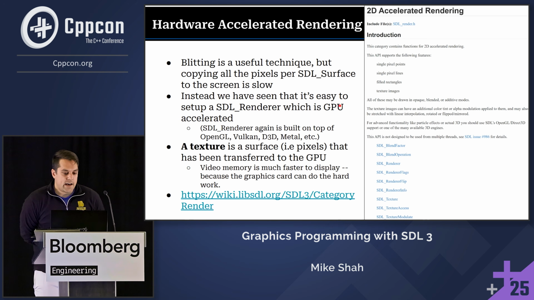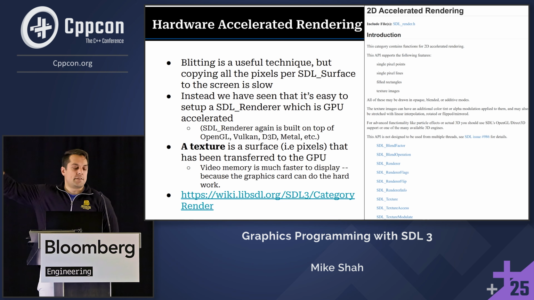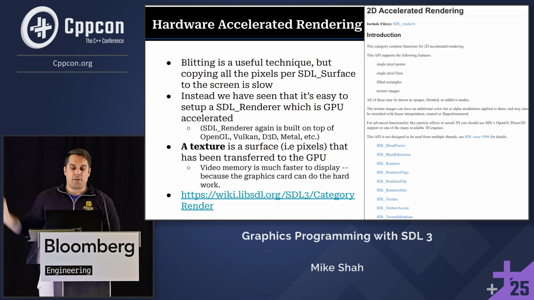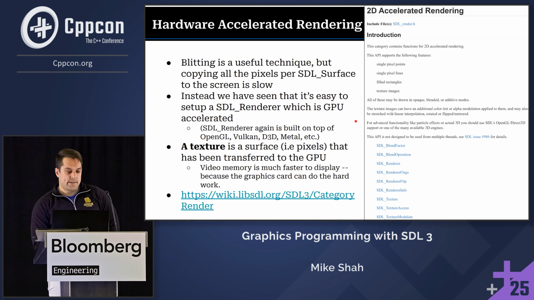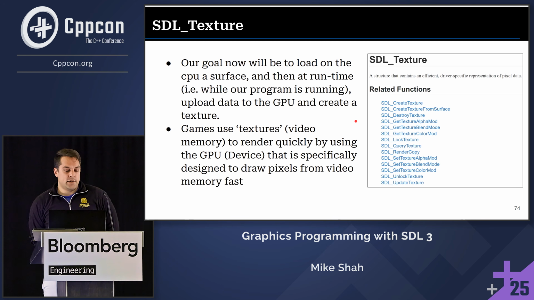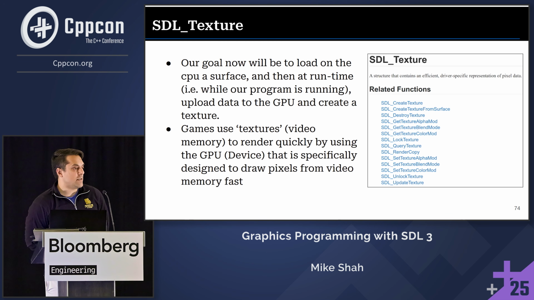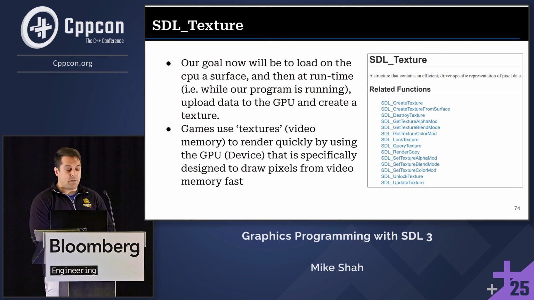And again, we want to create a hardware renderer. This is just a link for your information on the rendering API here. And then the texturing API. Importantly, there are a few functions in here. I'm going to show you in the code, but the documentation lists them all out.